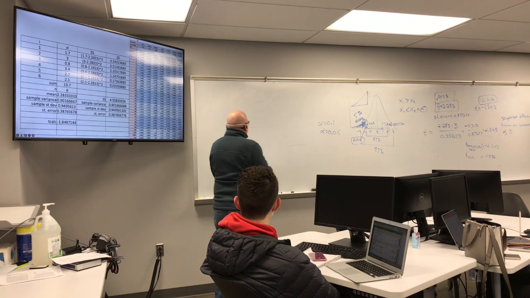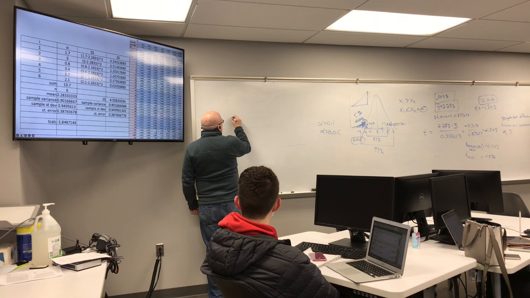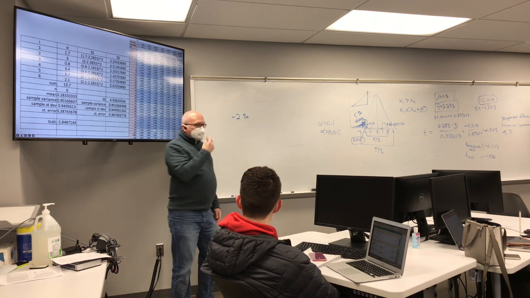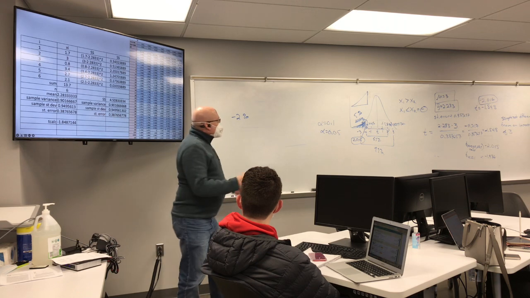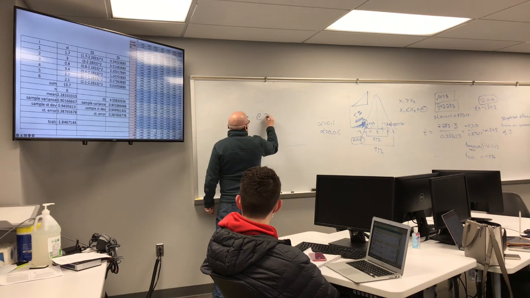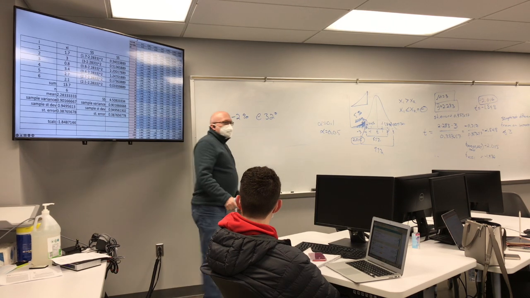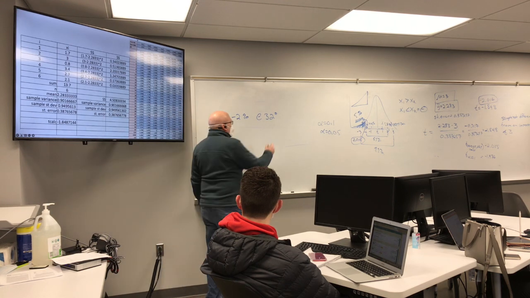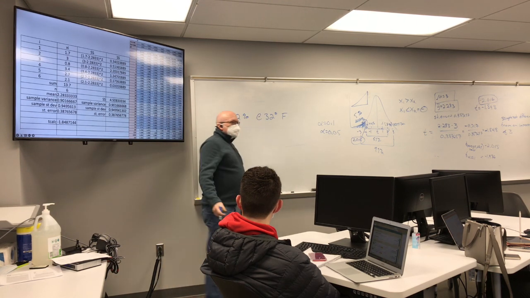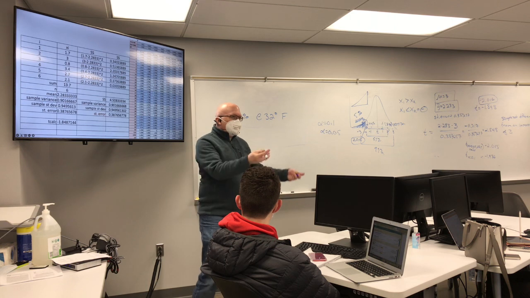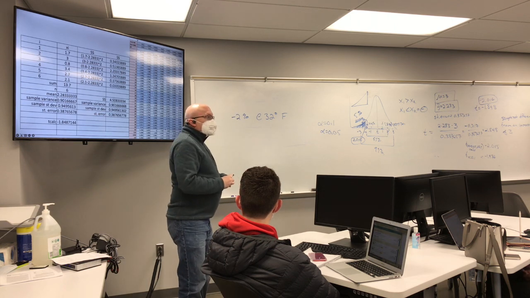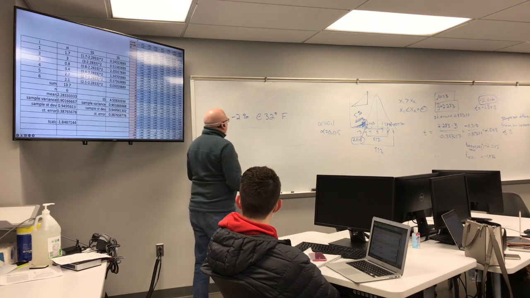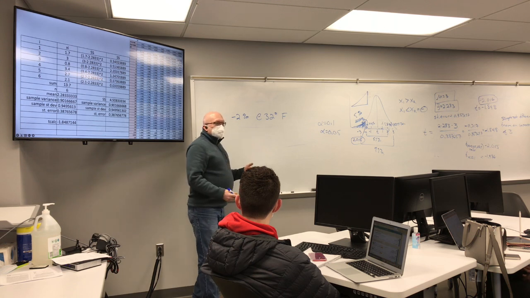So what's that shrinkage? Well, it's maybe minus 2% at 32 degrees Fahrenheit. And so he takes a bunch of these O-rings that the manufacturer has given him, cools them down to 32 degrees, and looks to see how much shrinkage there is.